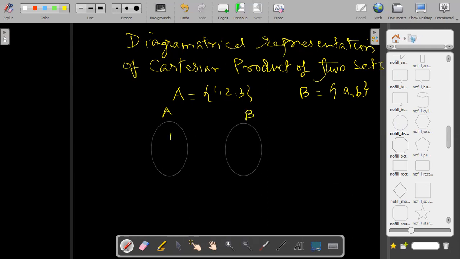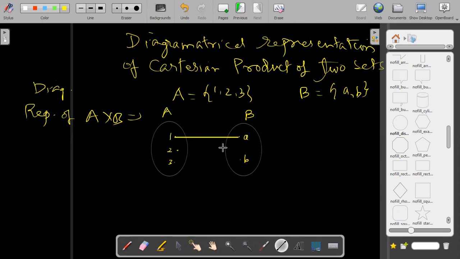Now it has elements. How many elements? 1, 2, and 3. And it has a and b. So when you represent A cross B, this is the diagrammatic representation of A cross B. 1 will connect with a, then 1 will connect with b.